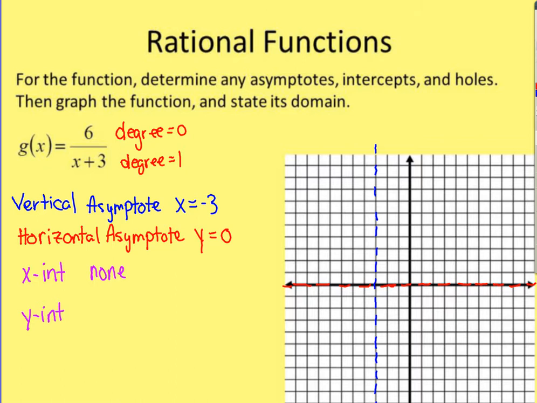To find the y-intercept, we are going to plug in 0 for all of our x's and then solve. So when x is 0, y is 2, so we have a y-intercept of 2.